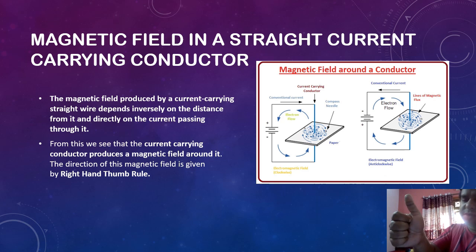And the clenched hand, the curled fingers, show the direction of the magnetic field.